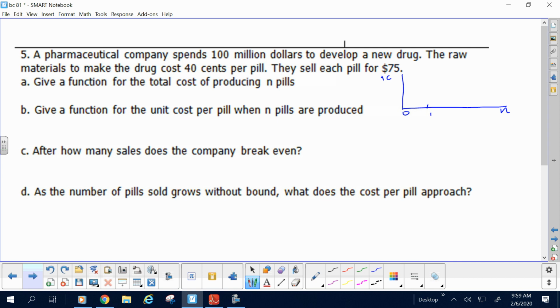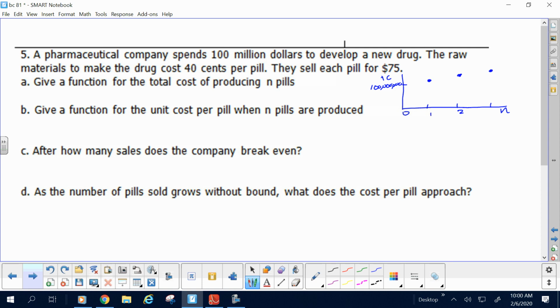Yes, you have paid out $100 million, and you have made 0 pills. 1 pill? $100 million and 40 cents. 2 pills? $100 million and 80 cents. 3 pills? $100 million, $1 and 20 cents, and so on.